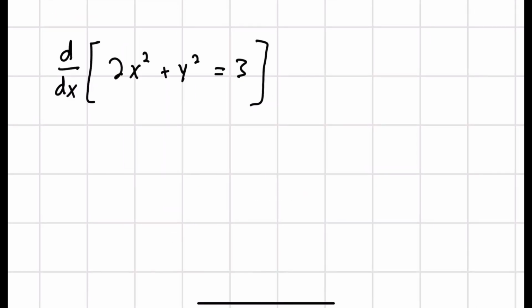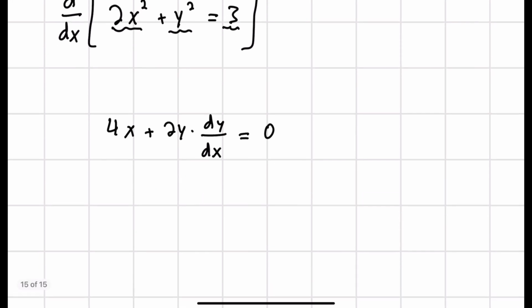In our next example, the derivative of 2x squared is equal to 4x, plus the derivative of y squared is equal to 2y times dy over dx, and the derivative of 3 is equal to 0.